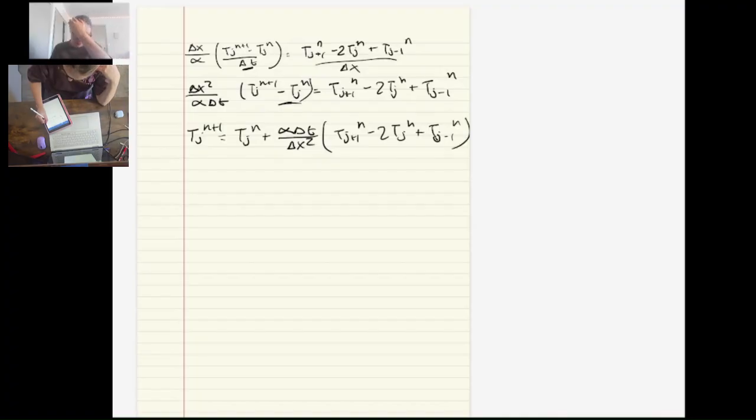Okay. So now we have this equation here, and this is going to help us with our coding portion of this. So we'll go to that part.